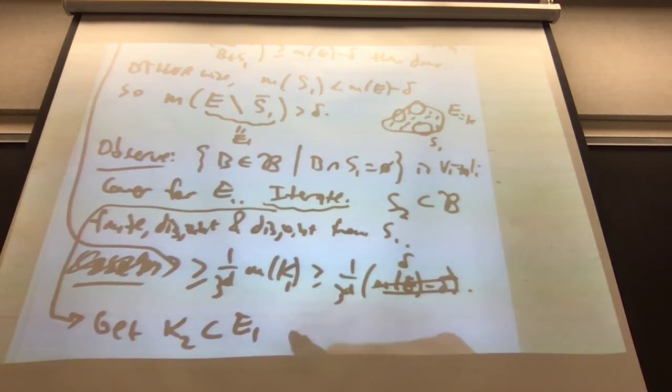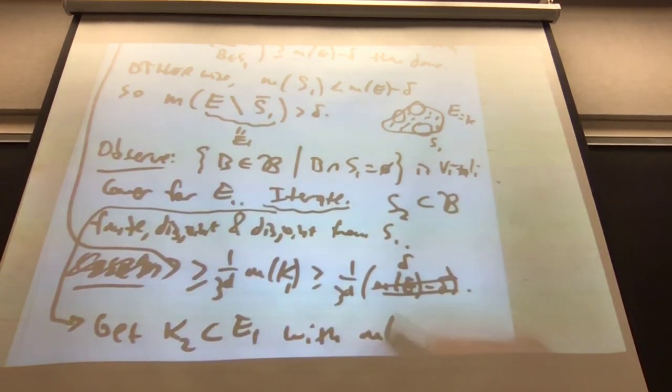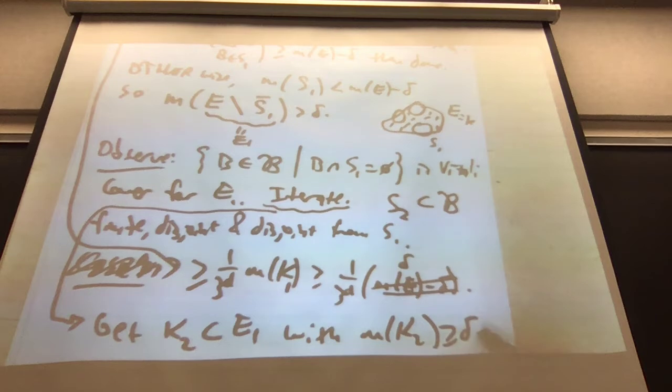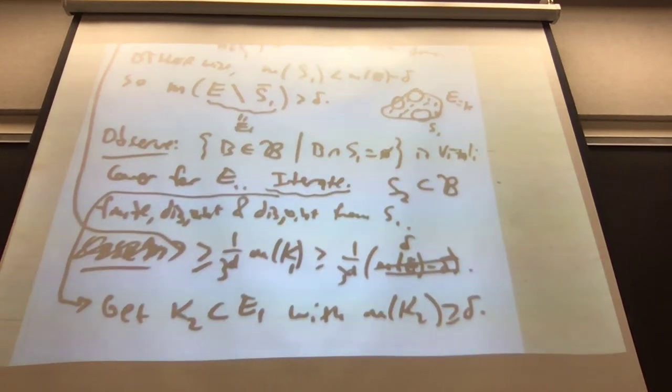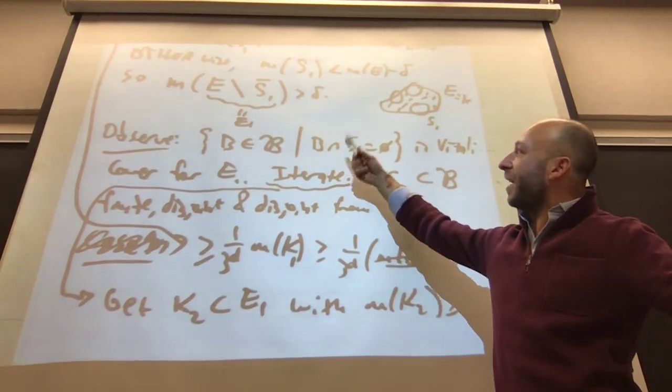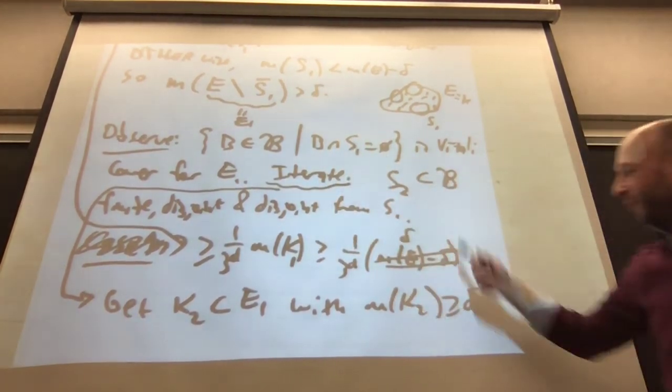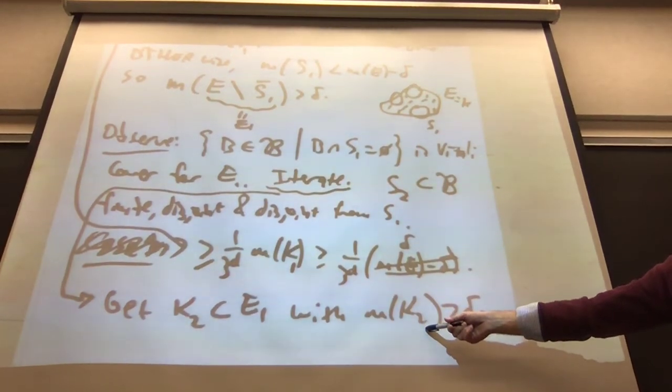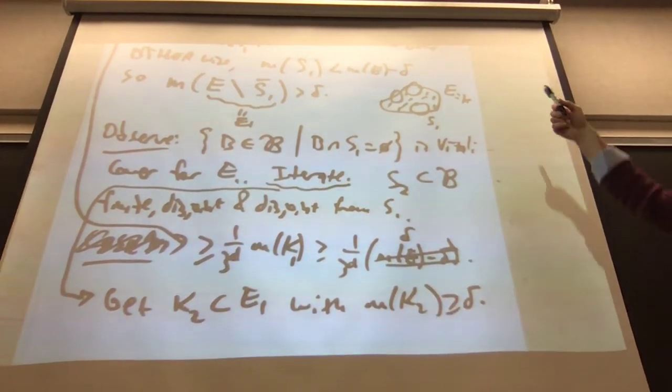You get a subset with the measure of K2 at least delta. You have this sub-Vitali cover of E1, which becomes a cover of K2, which gives you a collection.